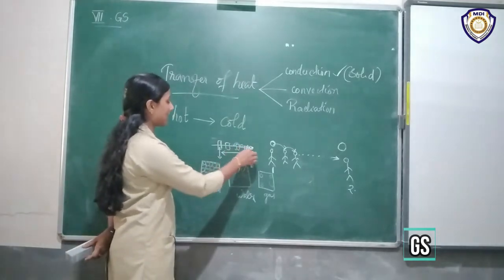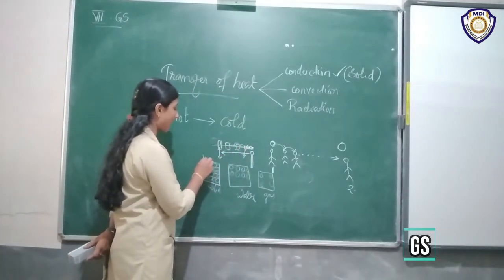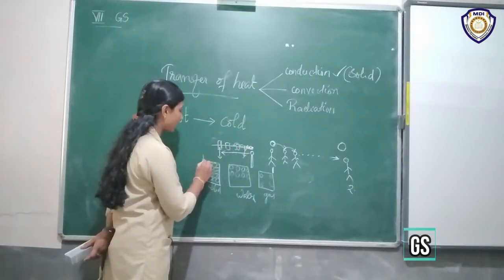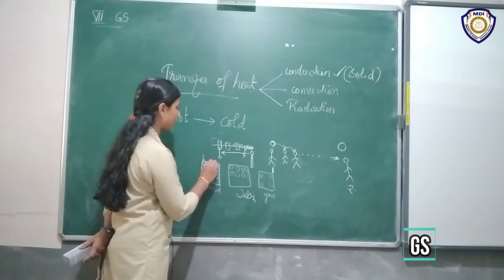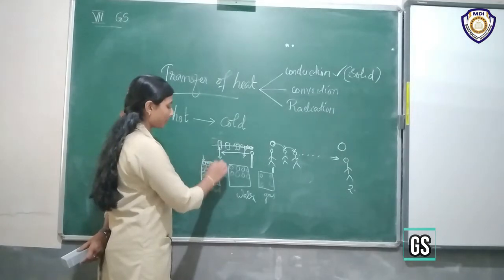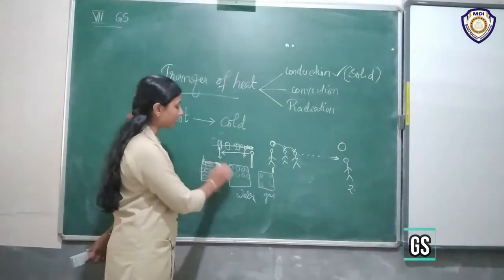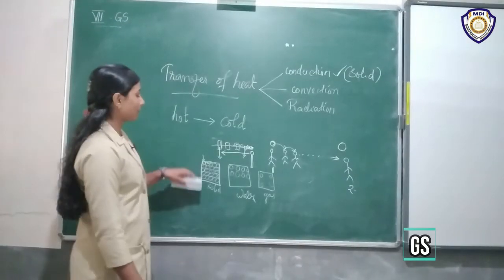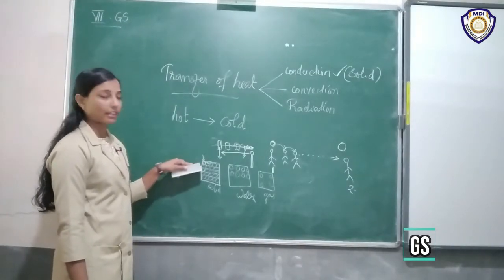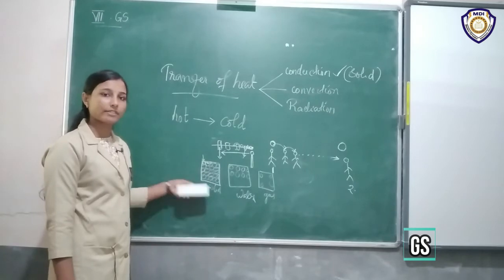So when we heat this end, what happens? This particle heats up, and it gives the heat to the next particle, and immediately the heat is transferred to the whole set of particles, right? So the solid will become hot after some time.